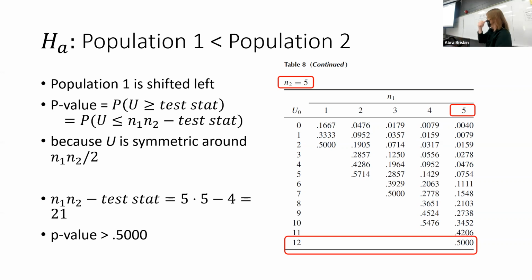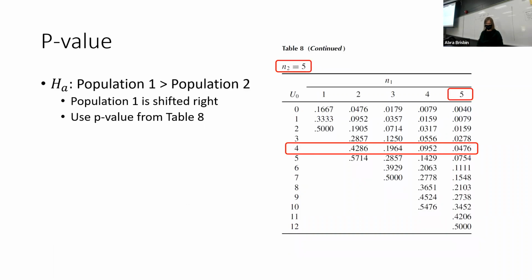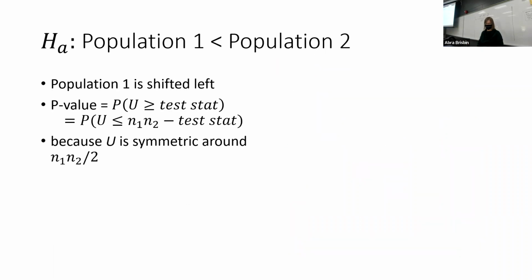And that should make sense because we just saw on the previous slide that if we're testing whether class 1 is better than class 2, we got a p-value of 0.0476.